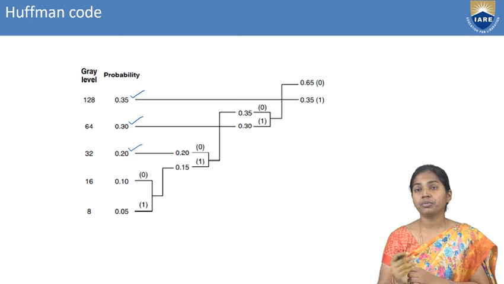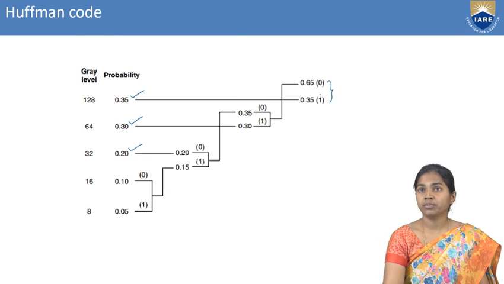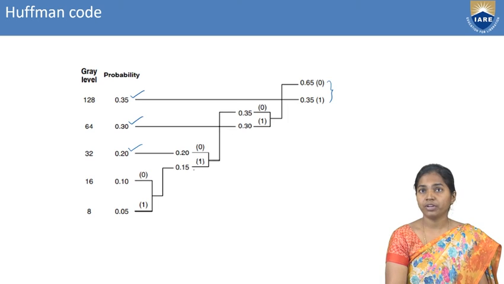Repeat this step until finally we get only two probabilities. So 0.10 and 0.05 are added, labeled 0 and 1, giving 0.15, and then 0.20, with 0 and 1.